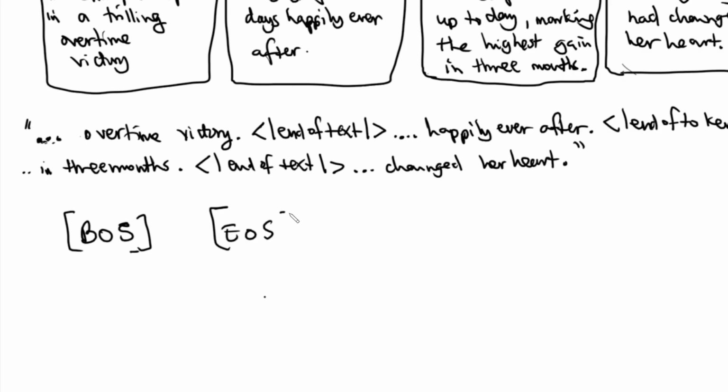You might have seen these. I think the first Llama, if I'm remembering well, was using end of sequence. You actually see these EOS tokens, end of sequence. It just highlights where the sequence is ending. It works sort of similar to end of text.